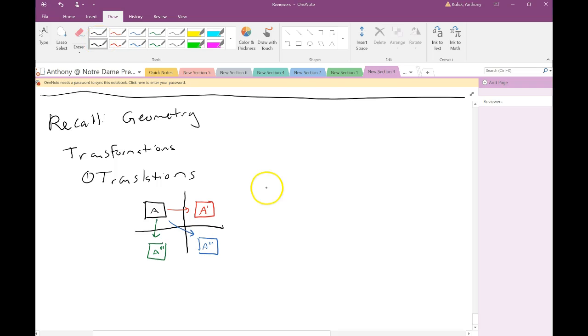When you're in your geometry class, what we found was if we're doing a horizontal translation, basically to get to my new figure, all I'm going to be doing is changing the x-coordinates, right? So if we're moving it h units over, basically we're just adding h to each of the x-coordinates.